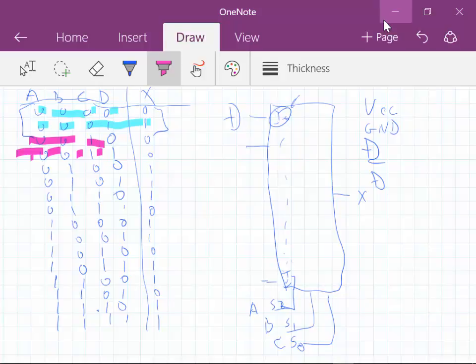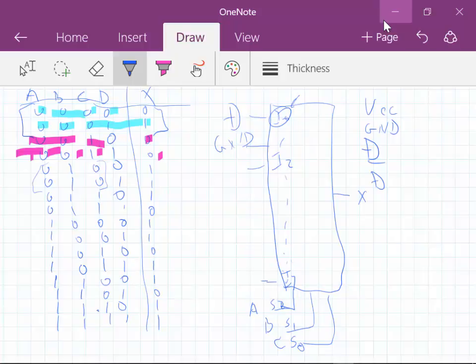In that particular case, I want the output to be 0 in either case, right? So in that case, I tie that to ground right there. The next case is I2. I2 is going to be these two right here.